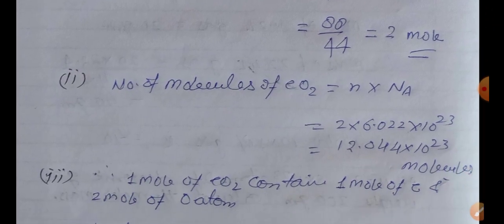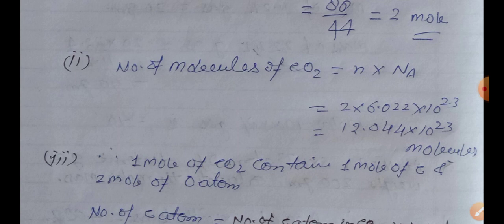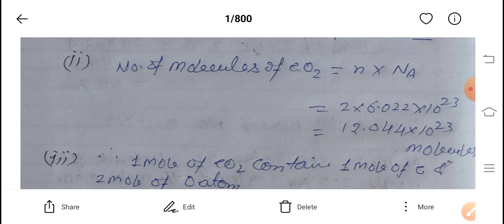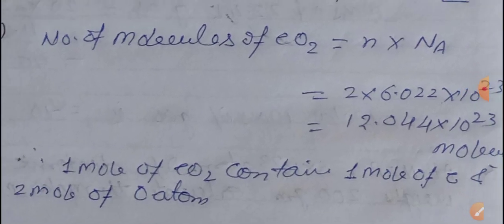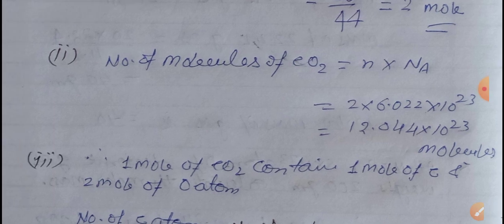Next, the second part is the number of molecules of CO2. We want to calculate the number of CO2 molecules in 88 gram of CO2, that is in 2 moles of CO2. We already know how to calculate the number of particles.